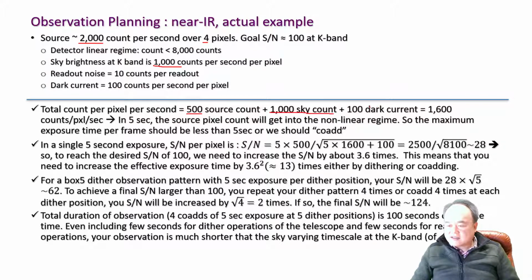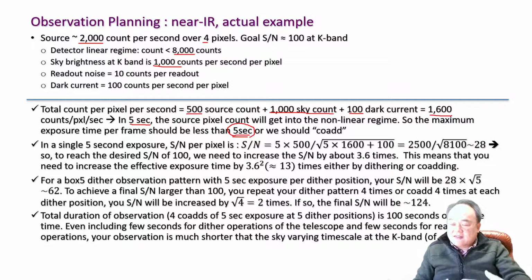Then the dark current is 100. So per pixel per second, your source pixel is producing 1,600 counts. Meaning that by a mere 5 seconds of exposure, these pixels become saturated, reaching the 8,000 count level. So the coadd frame time needs to be kept at 5 seconds or lower. That's the first number obtained.